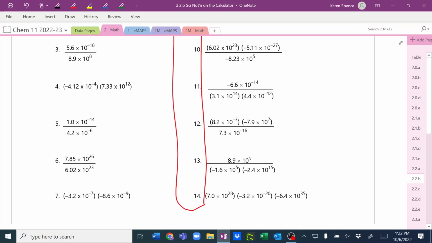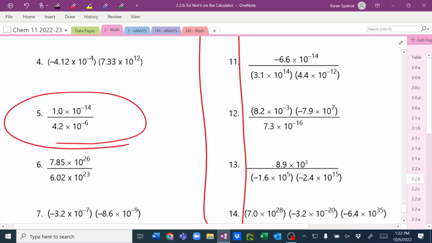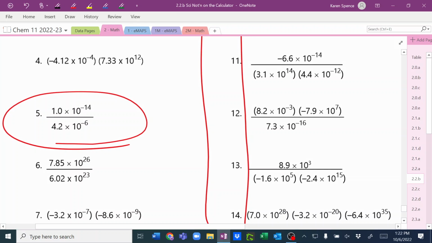Number 5. If everyone could try number 5, just to make sure that you see that problem turn up, if it's going to turn up. It's not. Okay.